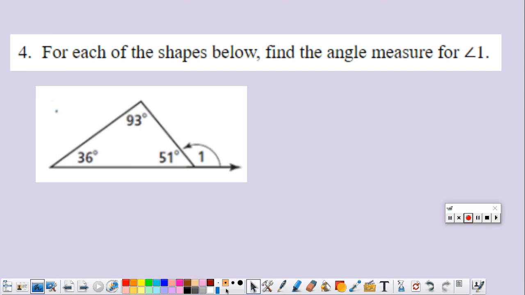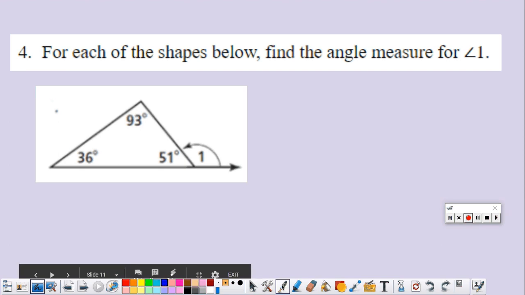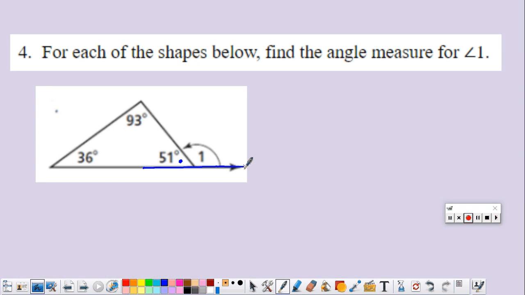So this angle right here, it has to do with this interior angle. This part of the triangle right here is a straight line. So from this point all the way across to the other side of the straight angle equals 180 degrees, because a straight line is 180 degrees.